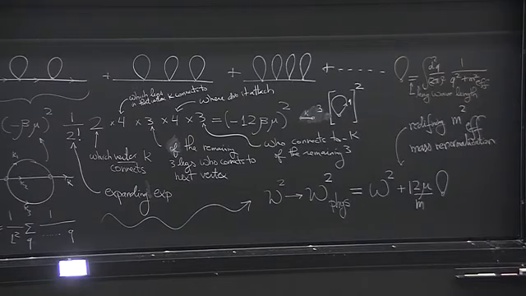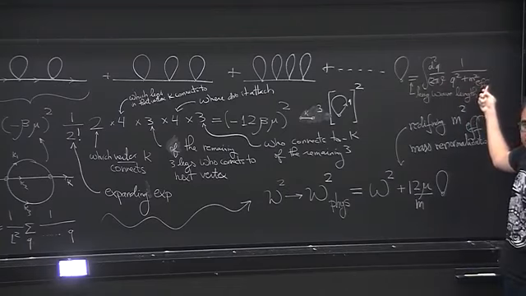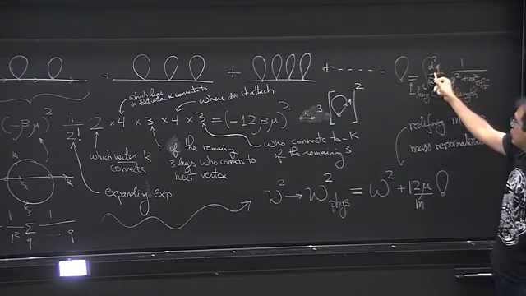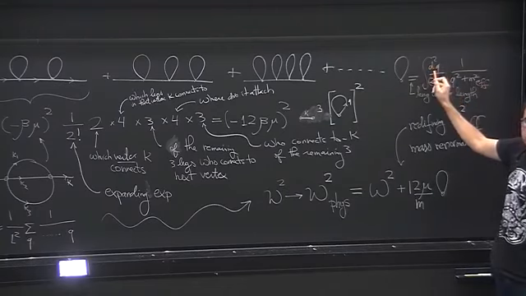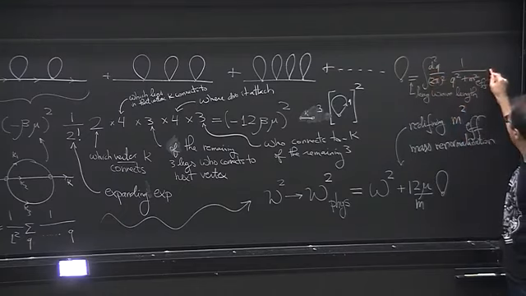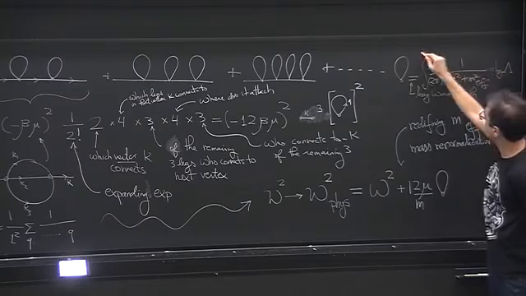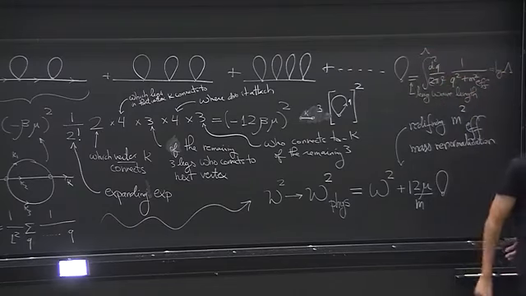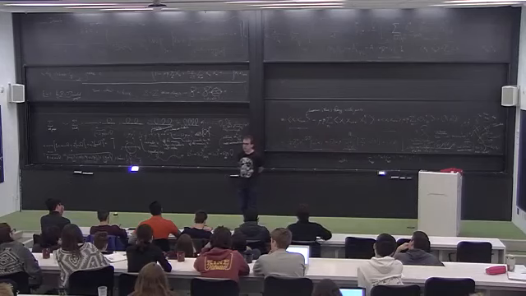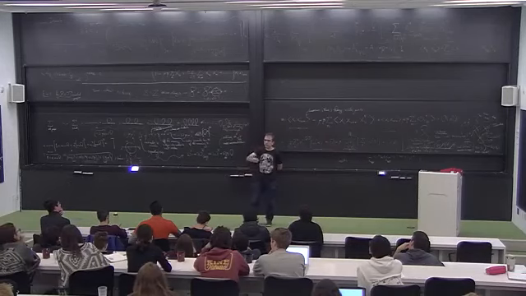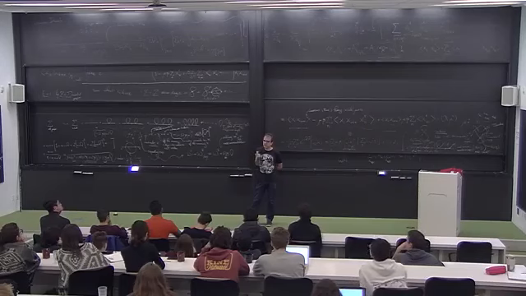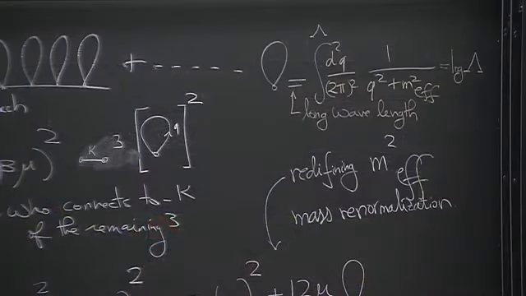And now I have a problem: this is divergent. Because at very large q, this goes like q dq in radial coordinates, so this diverges logarithmically. So this is logarithm of some cutoff if I say that I integrate up to some large momentum. What is this large momentum? This large momentum is like the inverse of some small distance. So it's like saying that because I lost the details of the lattice, now it looks like I have some divergence.